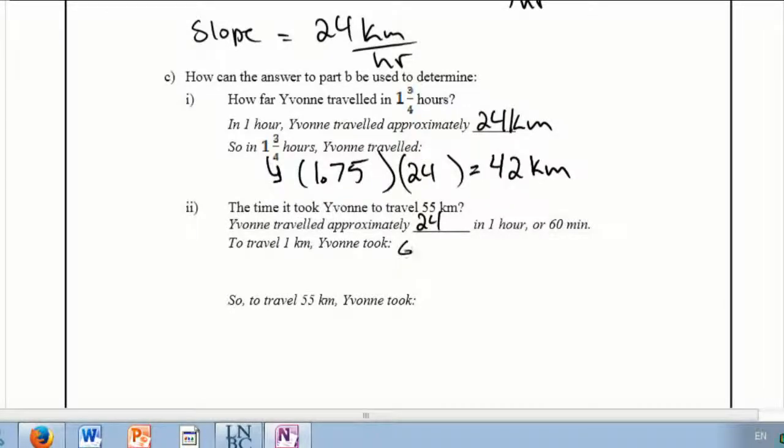We're trying to find how long it takes to travel 55 kilometers. So if we had 60 minutes to travel 24 kilometers, 60 divided by 24 is going to give us about 2.5 minutes to travel 1 kilometer.